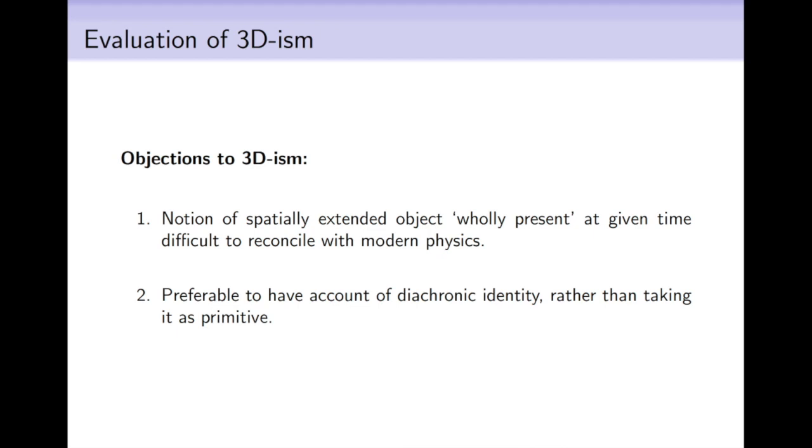That's on the model of an account of what it is to be extended in space. What it is to be extended in space is to have different parts occupying different spatial regions. Likewise, on the four-dimensionalist view, to be extended in time is to have parts that occupy different intervals of time, right? So they've got an account of what it is for an object to exist across time.